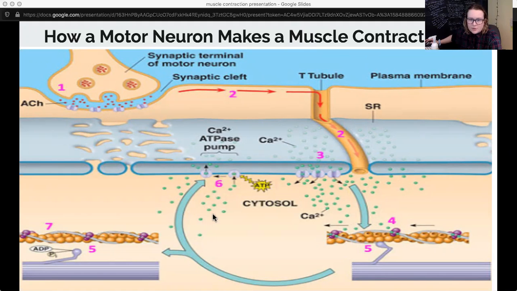Once the calcium concentration in the cytosol is low enough, the regulatory proteins go back to their initial state and block off the myosin heads so they can't bind ATP anymore. Then the muscle relaxes and no longer contracts.